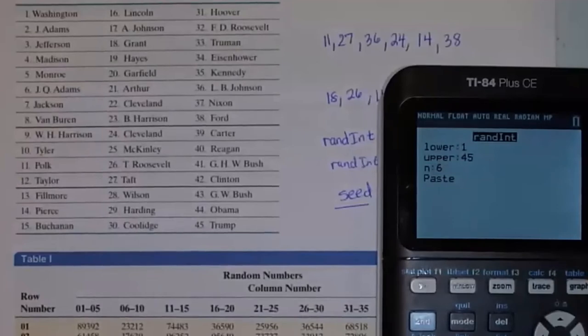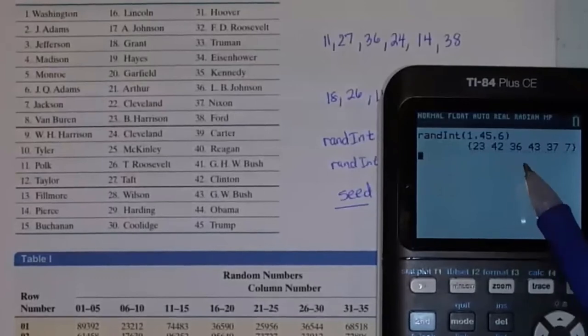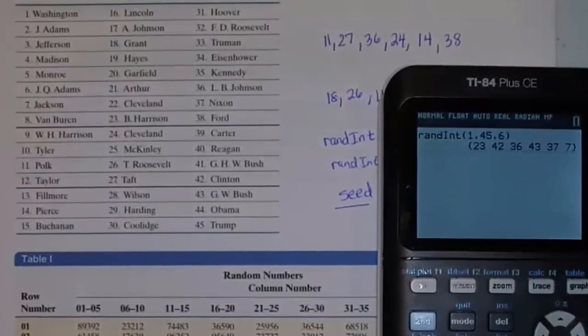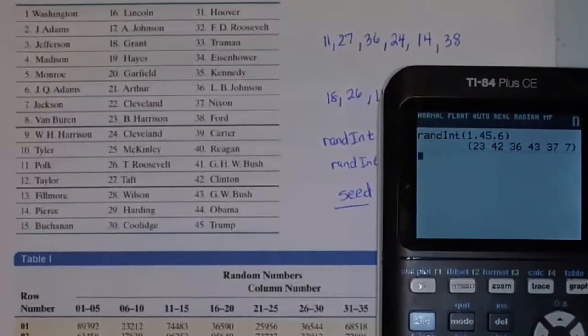If I wanted 6, I can type 6 by n, say paste and hit enter, and it will pick the 6: 23, 42, 36, 43, 37, and 7. Those would be the individuals making up my sample. I would recommend, if your sample size needs to be 6, don't use 6 for n, because it's possible you could get repeats. You would probably want a bigger number, maybe 10, and then pick the first 6 that aren't repeats.